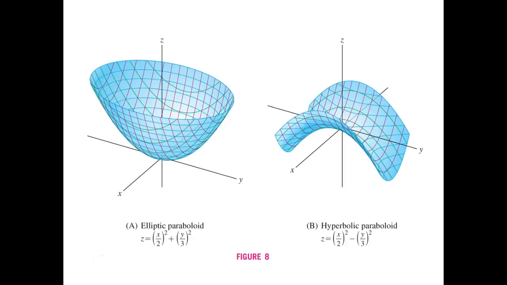So there's sort of a symmetry axis in all three things. Your axis for both of your parabolas, the upward parabolas and the downward parabolas, would be the z-axis.